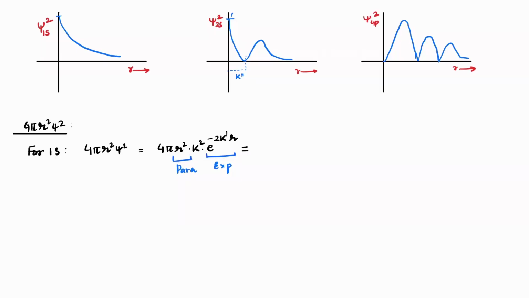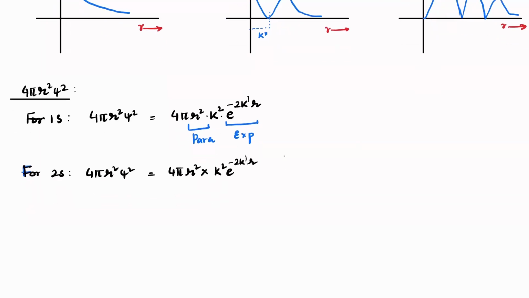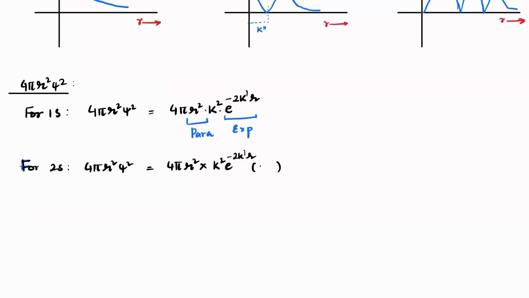Got it? Second thing, if you do the same thing for, let's say, 2s, you do it for 2s here. For 2s, the same function, 4 pi r square psi square, that will become 4 pi r square into k square into e raised to the power of minus 2k dash into r into, I was getting a linear function, something like r minus some k double dash, that will become also square.